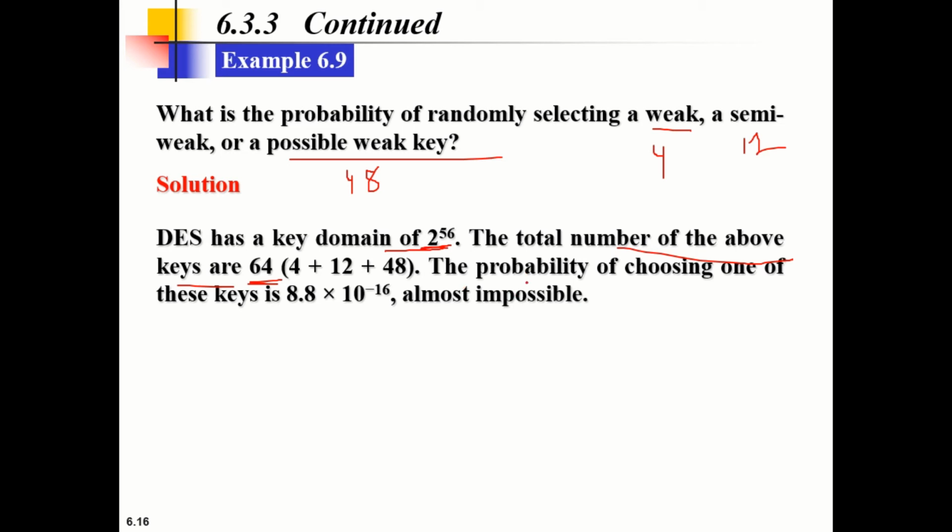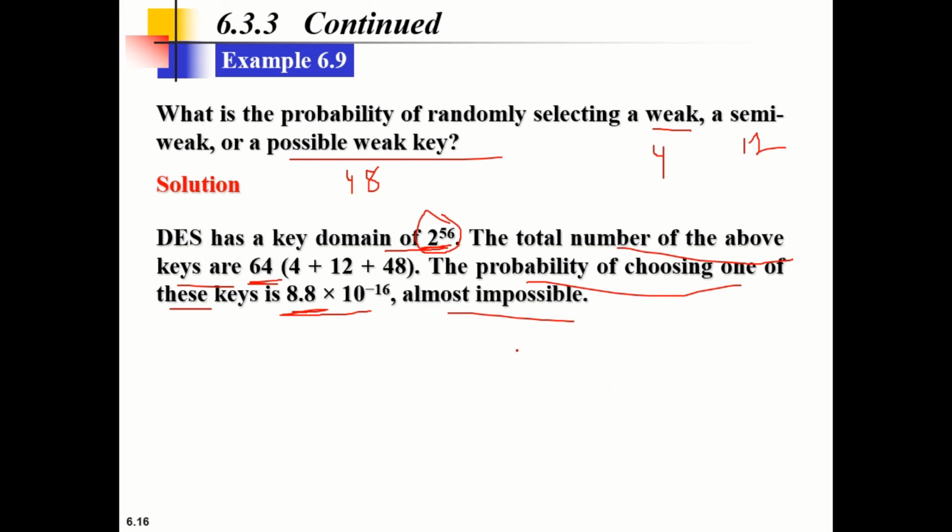The probability of choosing one of these 64 keys out of 2 raised to 56 keys is 8.8 times 10 raised to minus 16, which is almost impossible. But if it happens, then the whole encryption process becomes prone to attacks, right?